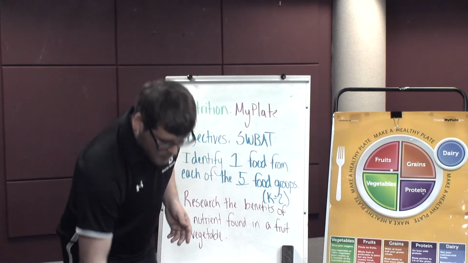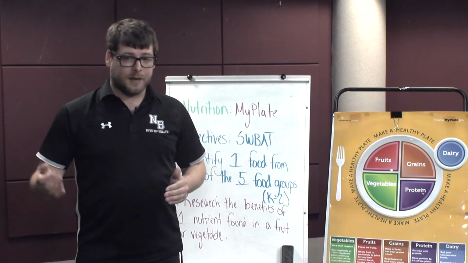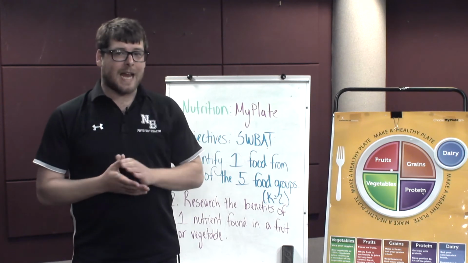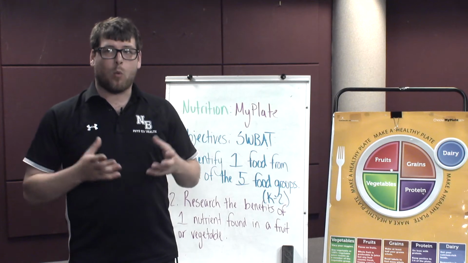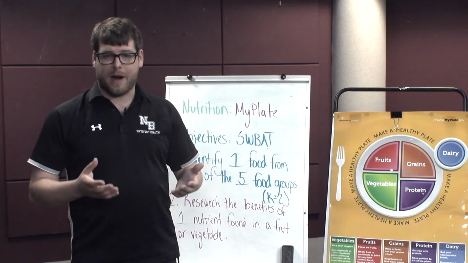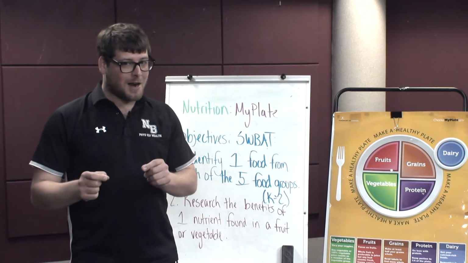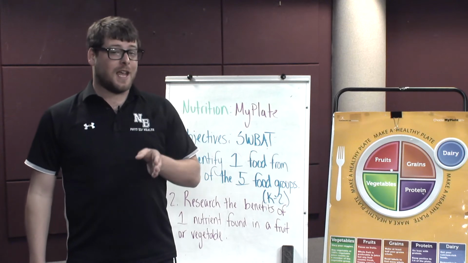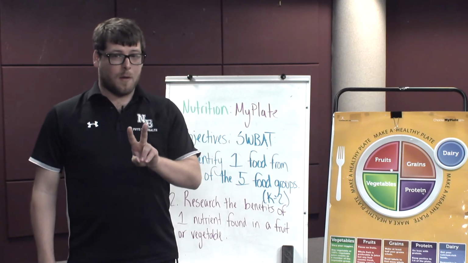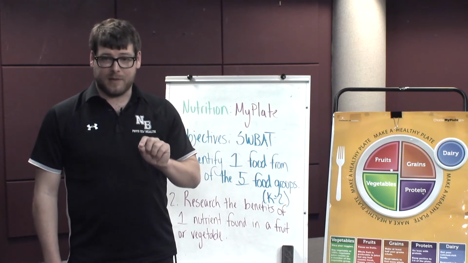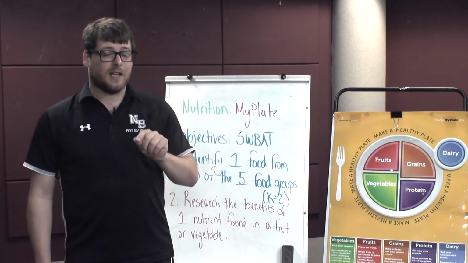I'm going to go on the internet, or some way that I can access information, and look up what vitamins are in blueberries. Luckily I did my research already. In blueberries, 2 of the major vitamins are vitamin C and vitamin K.